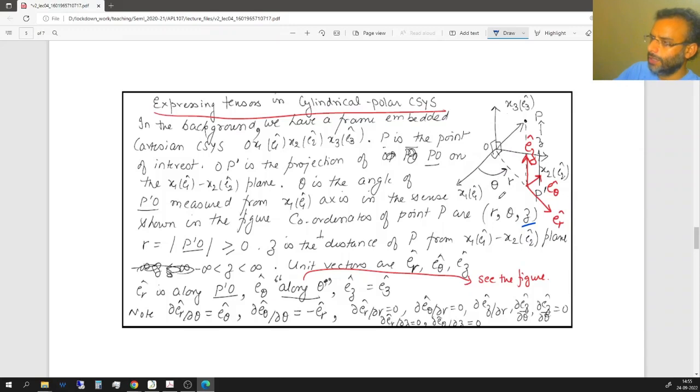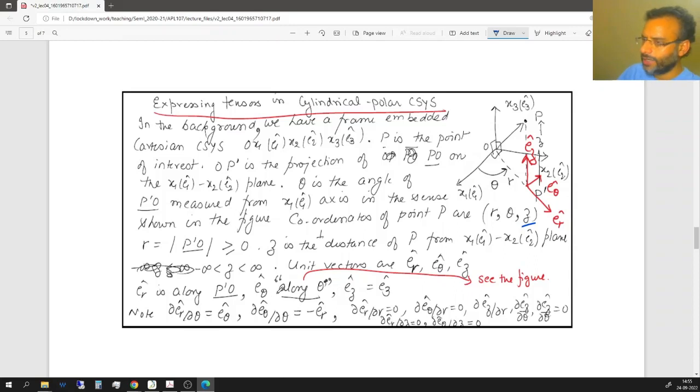If it is lying on the negative E3 side, it will have a negative sign. So Z in that way can take any positive, negative, or zero value. In this way, R, theta, and Z are defined for our cylindrical polar coordinate system. We also need unit vectors of this new coordinate system.